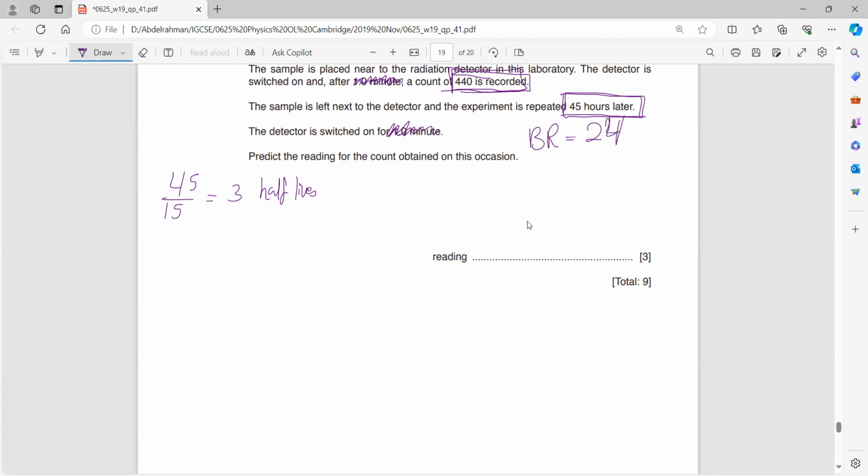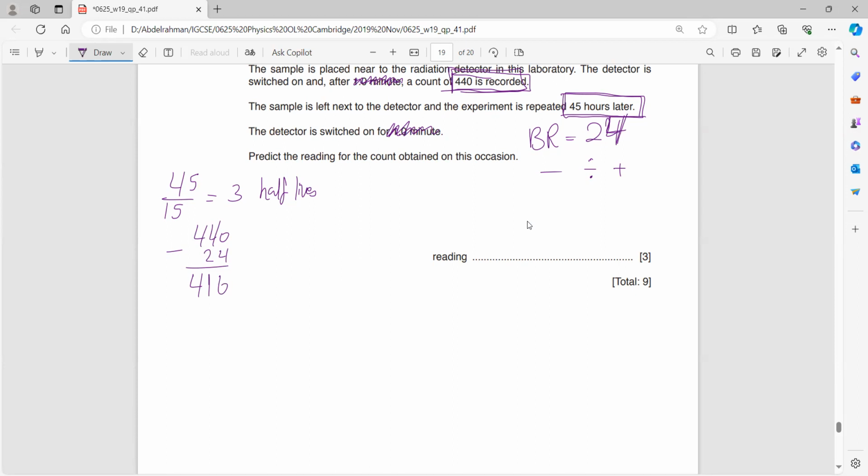Remember when we were studying unit 5, when I told you minus, divide, plus? Remember minus then divide then plus? So what should I do first? We say 440 minus the 24, right? 440 minus 24 gives me 416.